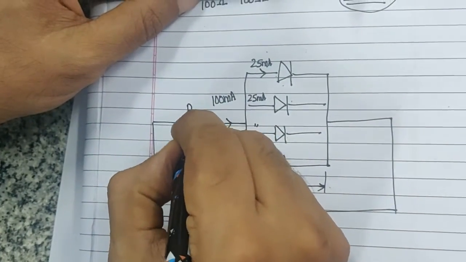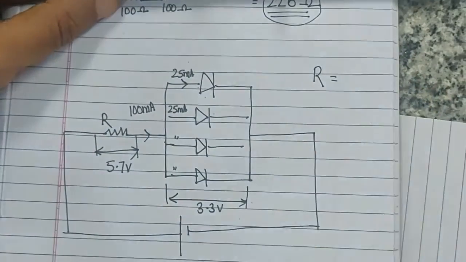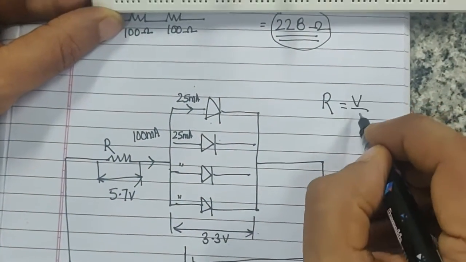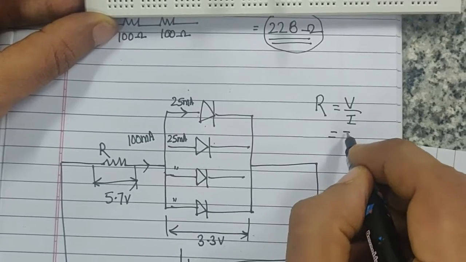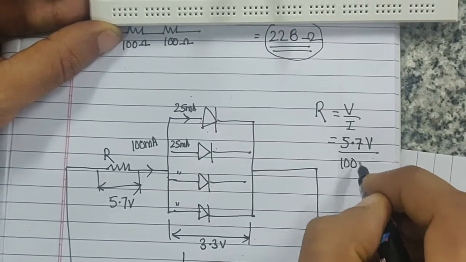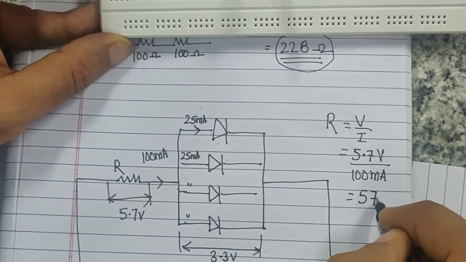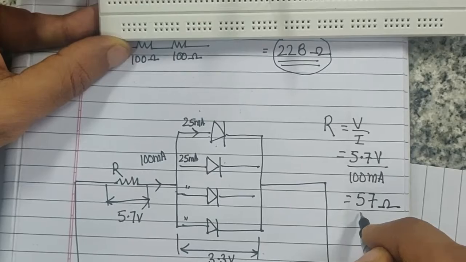Now you can find the resistance again: V by I, the voltage drop you need divided by 100 milliamps, which is about 57 ohms.